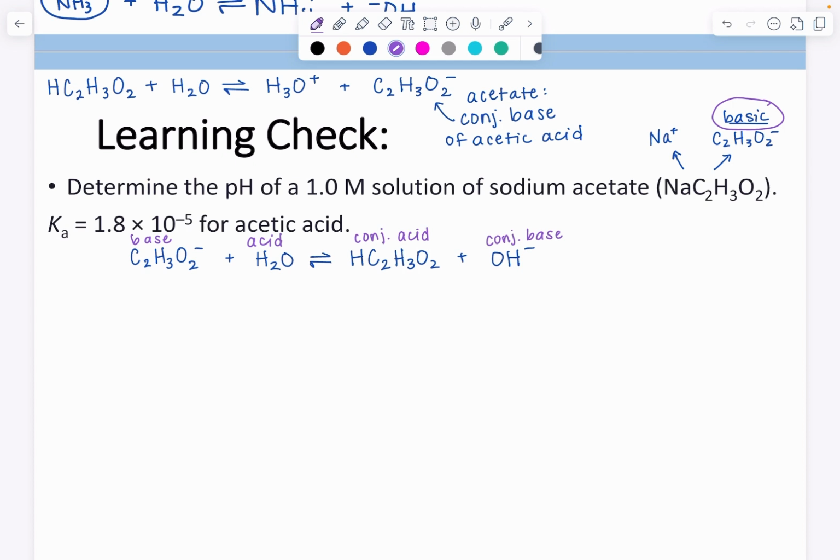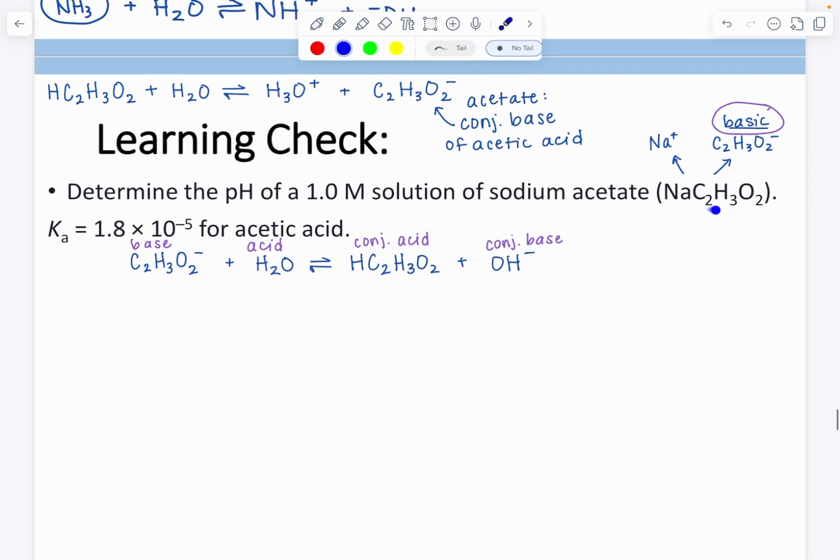So I just want to reiterate, maybe clarify, organize what we've done so far. In the actual solution, it says the solution is made by adding sodium acetate. So that is this here. We know sodium acetate will dissociate into Na plus and C2H3O2 minus.